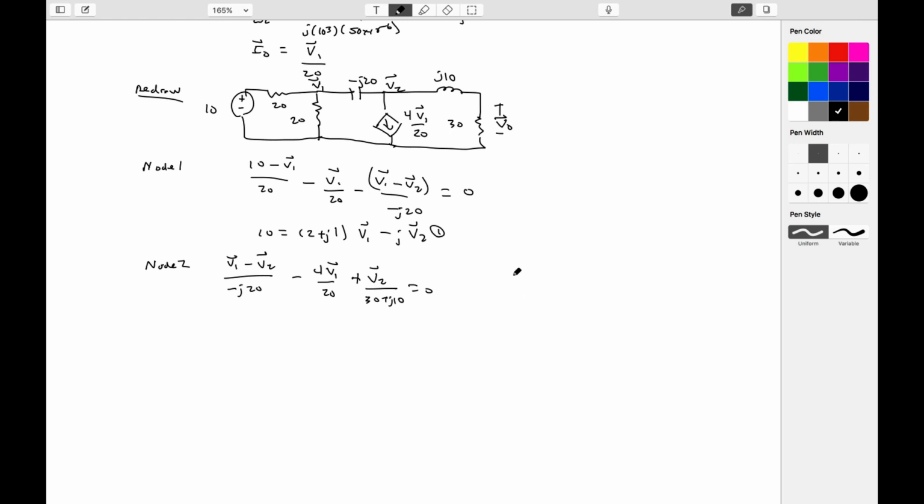This simplifies down to be that minus 4 plus j1 V1 is equal to 0.6 plus j0.8 V2.